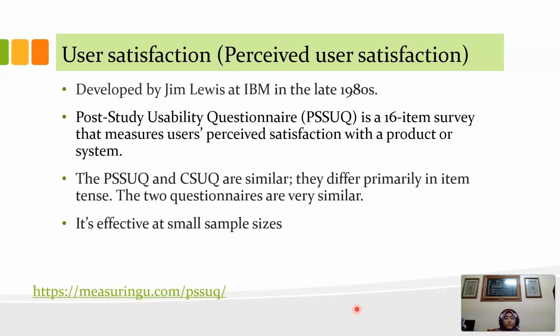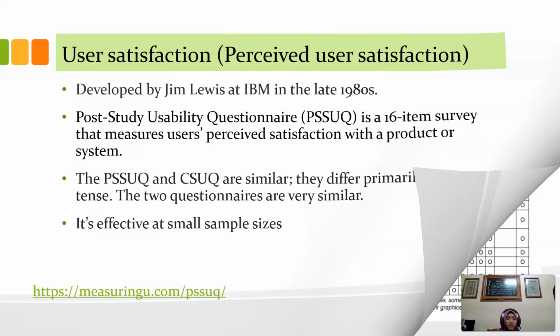For the perceived usability, just now, we have only 10 questions. This questionnaire, the PSSUQ, measures users' perceived satisfaction with the product, to get some result related to the satisfaction of the users. It is very effective at small sample size.